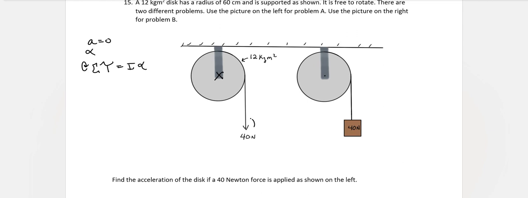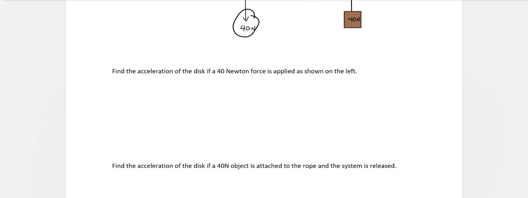Only this force vector will. The torque created by that force vector is the 40 newtons times this distance, which is given in the problem, and the moment of inertia is also given in the problem. That should get you the problem on the left done, no issues.